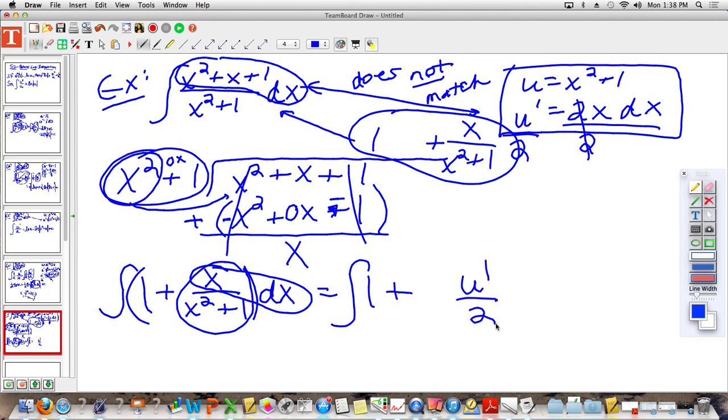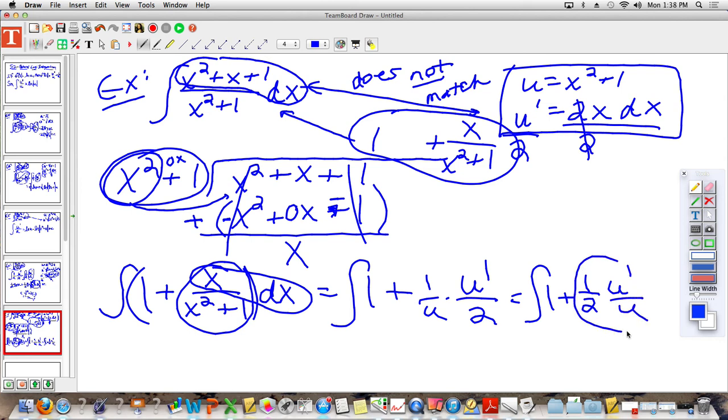And I have that x squared plus 1 on the bottom, which is a u. What goes on the top of it? A 1. So I'm going to do another quick rewrite here. This is going to be the integral of 1 plus 1 half u prime over u.